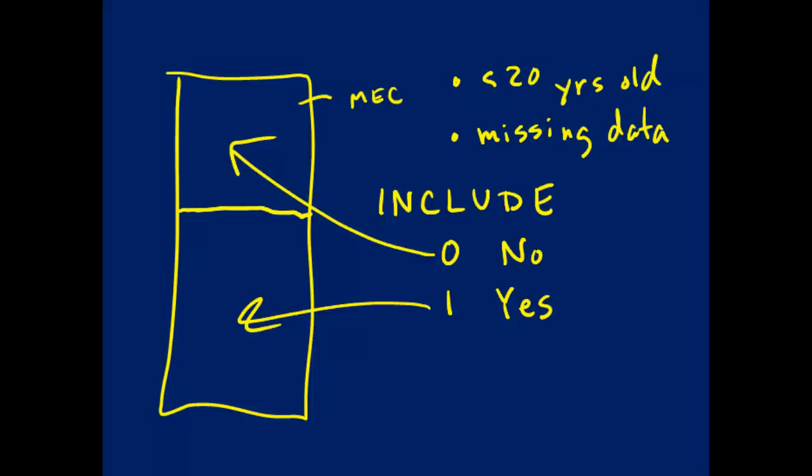So I'm going to create this variable that will mark those individuals who I want to be in the model and those people who I don't want to be in the model. Those people that I want to not include will be those under 20 years old and anybody who has any missing data for any variable in my model. So let's go ahead and do that.